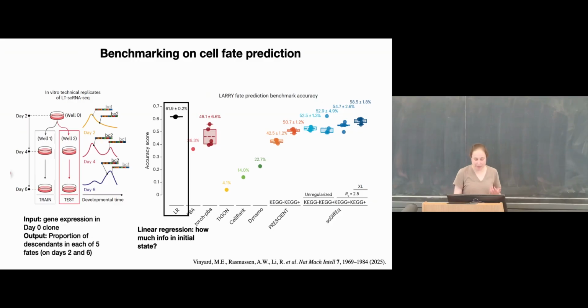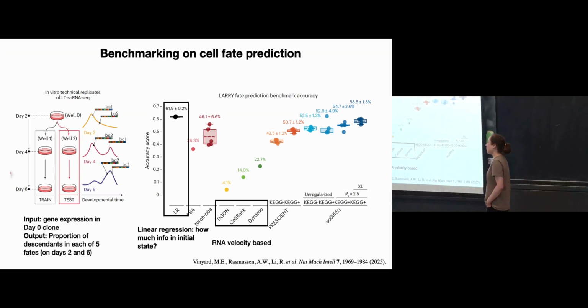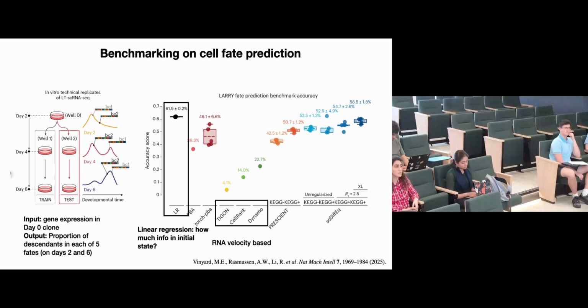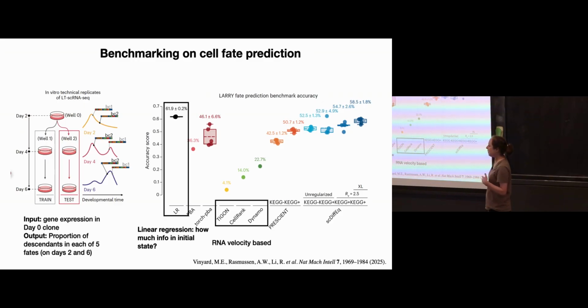But one thing that I was going to mention is that Sam is going to talk a bunch more about this. There's a family of techniques that actually use an additional auxiliary piece of RNA sequencing information, which has to do with the ratio of immature to mature RNAs through information about whether they're spliced or not. This is called RNA velocity.